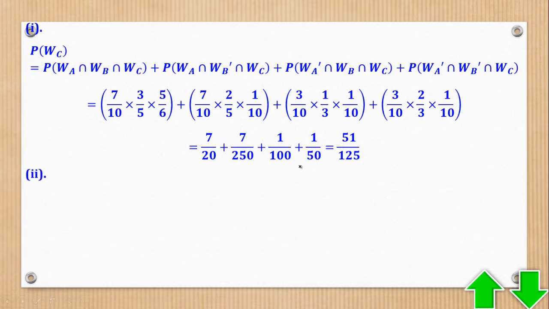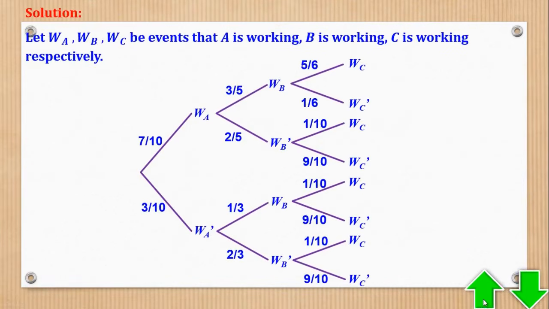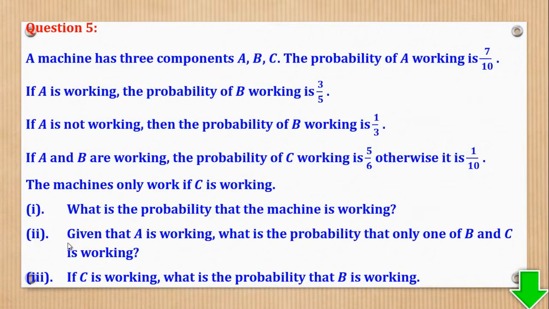Then for Roman 2, given that A is working, so this is a condition, what is the probability that only one of B and C is working?